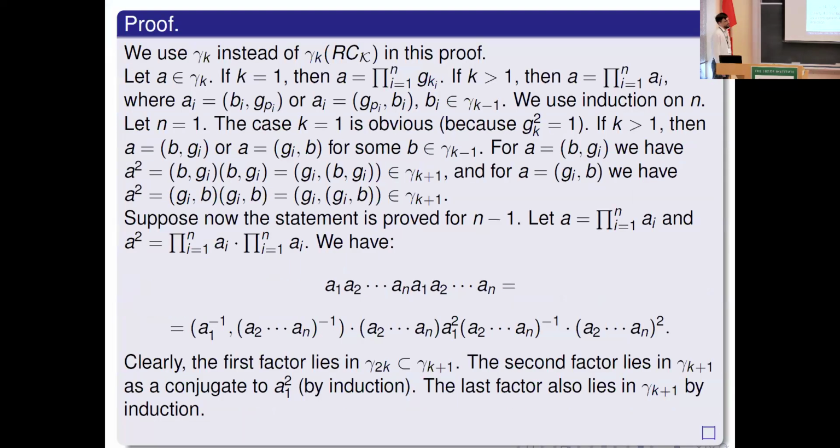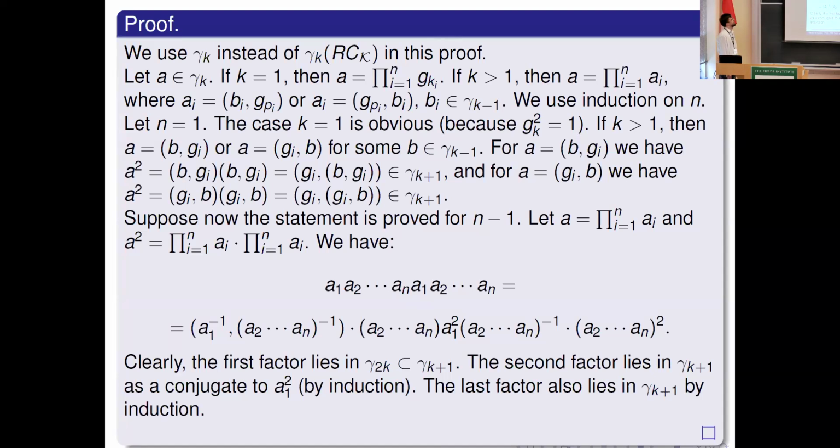Okay, proof of that. We use gamma k instead of gamma k of RC_K in this proof for easy notation. Let A be from gamma k. If k equals 1, then A is like this. If k is more than 1, then A is like this, where each A_i is a commutator like this or a commutator like this for B_i from gamma k minus 1.